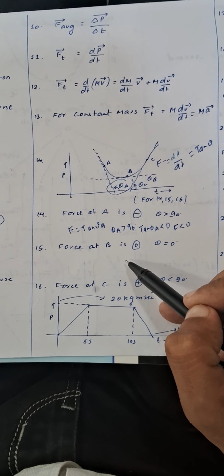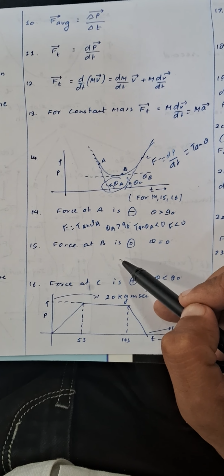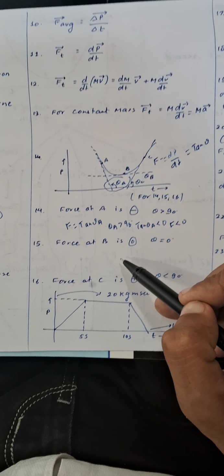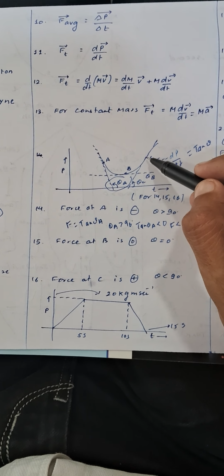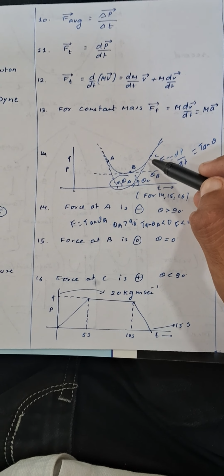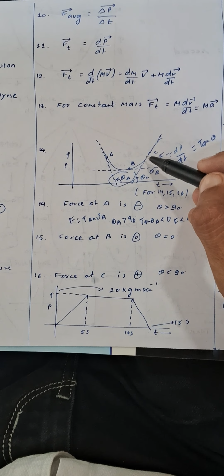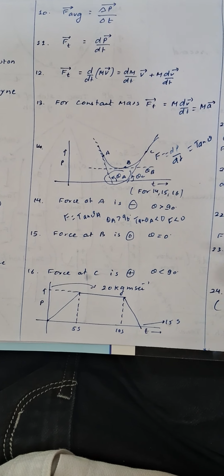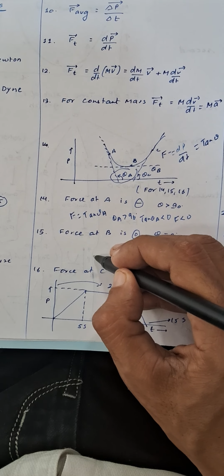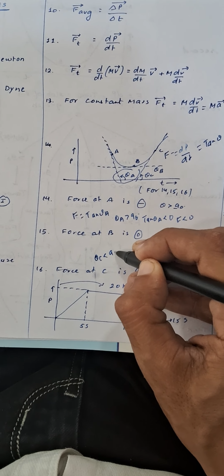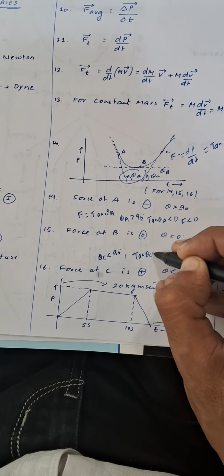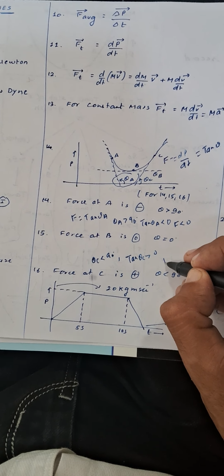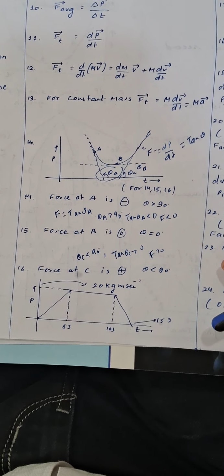So tan theta will be 0 and hence force will also be 0. However, if we refer to point C, we can see that theta C is less than 90. So that means tan of theta C will be positive. That means force will be positive.